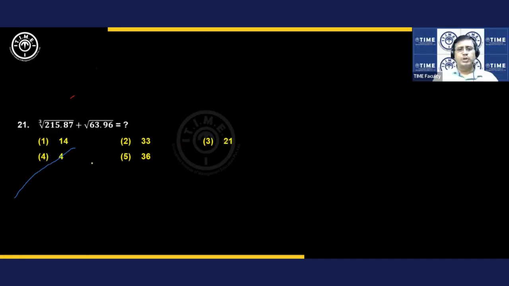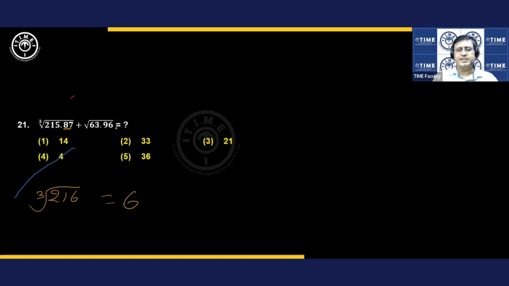Look at the next example, question number 21. Cube root of 250, so 215.87. It is 0.87. Of course, it is not a perfect cube. So if you observe, what is the closest value? 216. Cube root of 216 means it is 6.